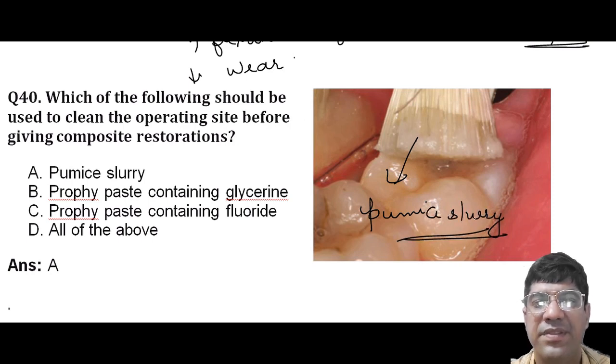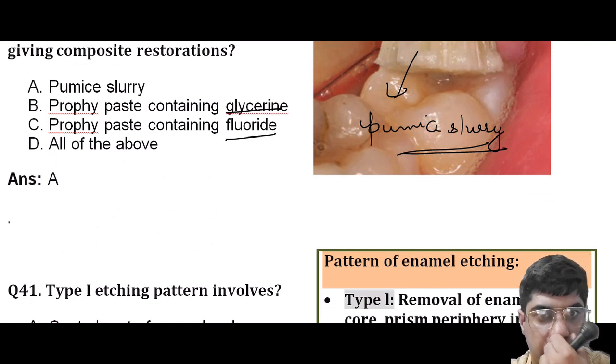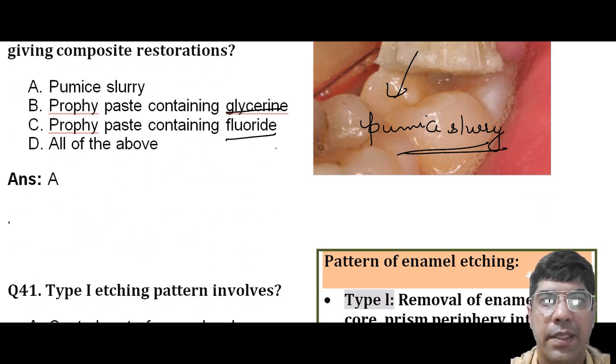This pumice slurry is used to remove plaque, pellicle and superficial stains from the tooth surface, ensuring the tooth is clean and prepared for the bonding process. Prophylaxis paste containing glycerine and fluoride should be avoided as it may interact with the acid etching technique and compromise the bonding.